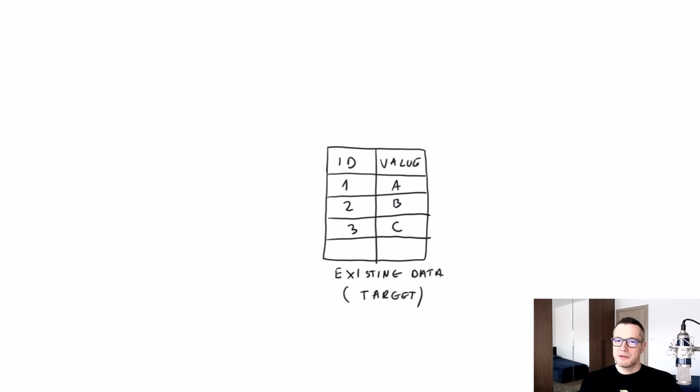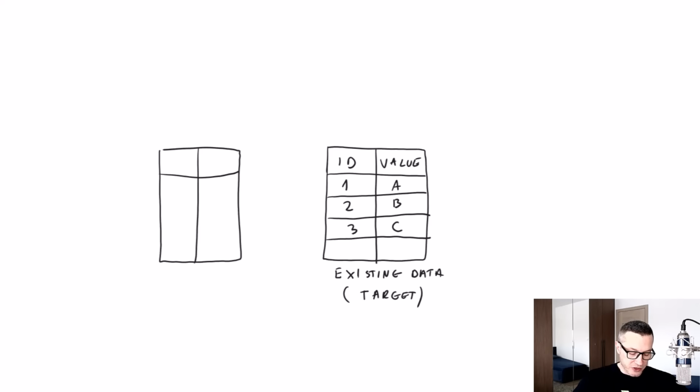Apart from that, we have to have this new data set, the data that we detected is new, that we have to process and insert or update in the target table. Let me draw it. Let's call it our changed data, or our source. Let's say for simplicity again that the structure of those two tables is exactly the same.